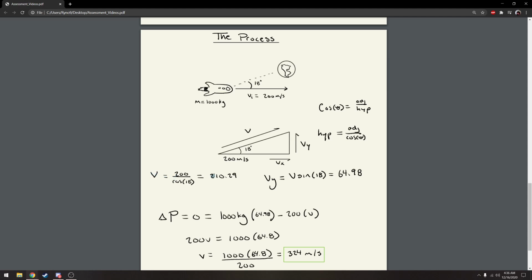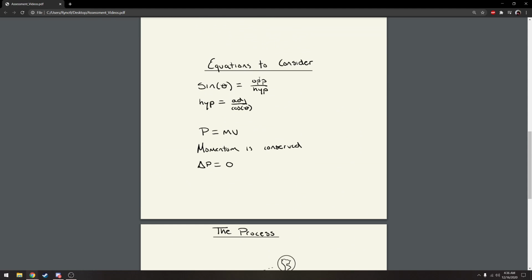So first, we're going to need to find this hypotenuse, and in order to do that, I used cosine theta is equal to adjacent over hypotenuse. That's the CAH of SOHCAHTOA. I solved for hypotenuse, and then I just plugged in what I knew. I know that adjacent, this guy, is 200 meters per second over cosine of 18. That's our angle. It's going to give us our velocity vector that we want, or hypotenuse. Then I plug this into our other equation, which is sine theta is equal to opposite over hypotenuse.